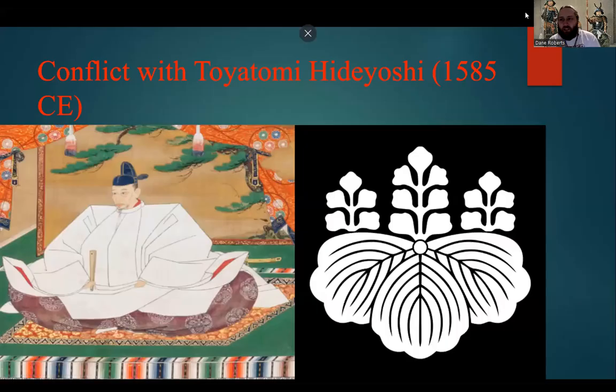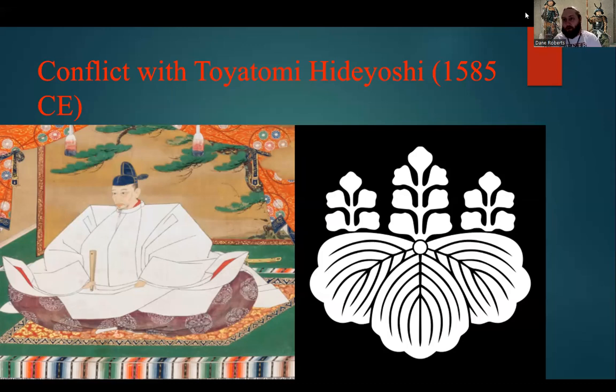In 1585 CE, Toyotomi Hideyoshi would first send emissaries to the Chosakabe clan demanding submission, demanding the Chosakabe clan to basically willingly join the Oda and Toyotomi clans and become vassals.